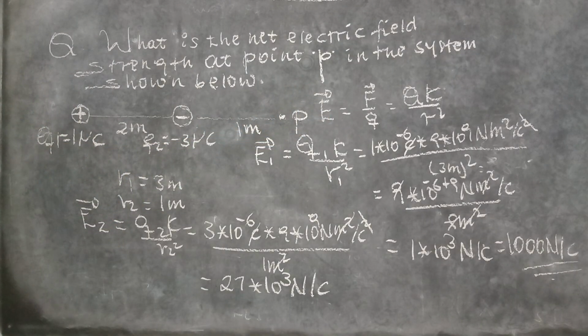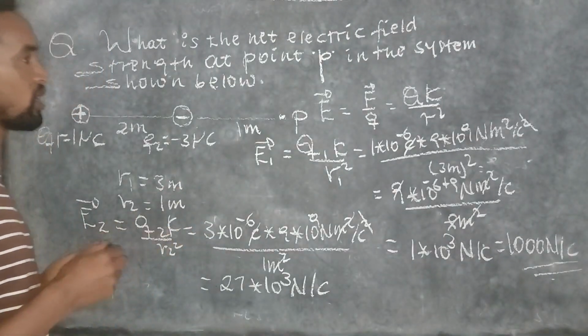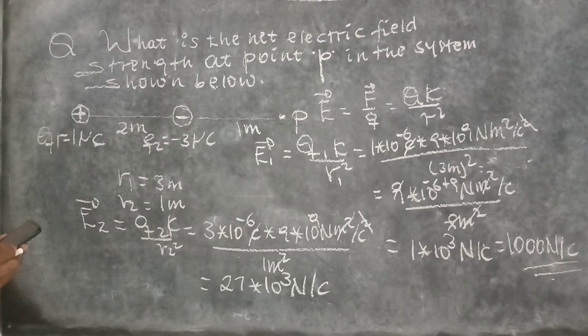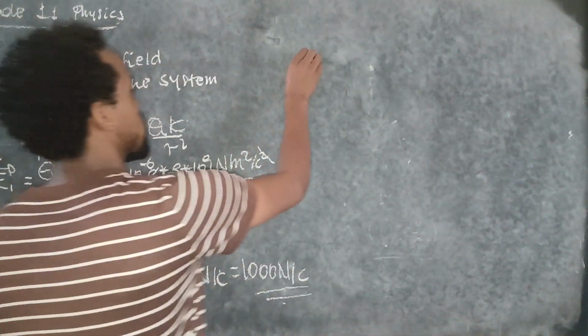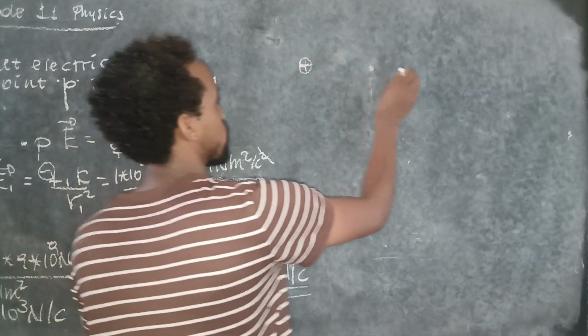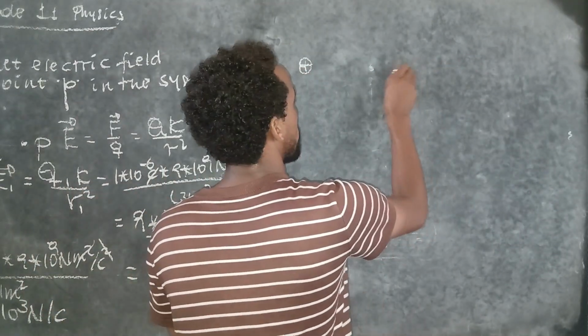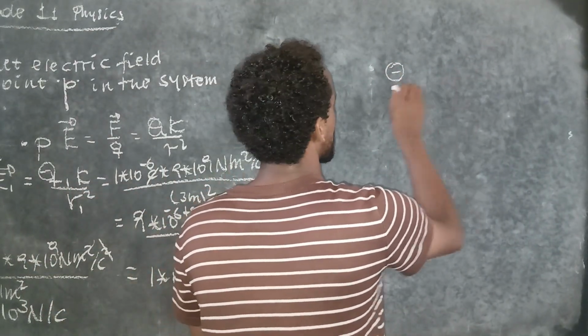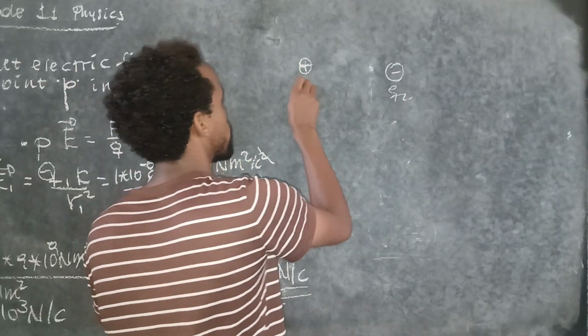Now look, if the charge is positive, as we discussed last time, so let's redraw. This is the negative charge Q2, and this is Q1.